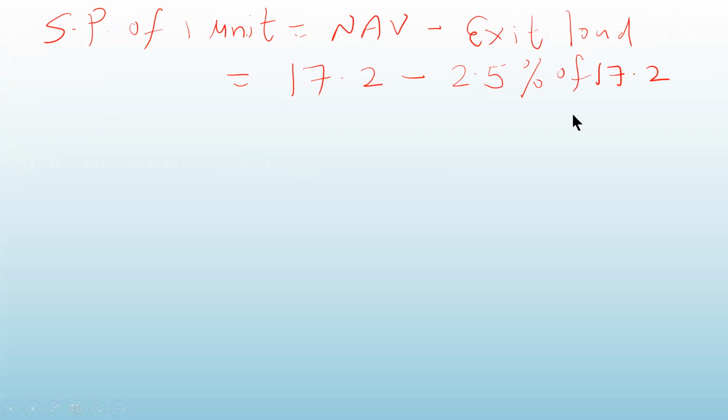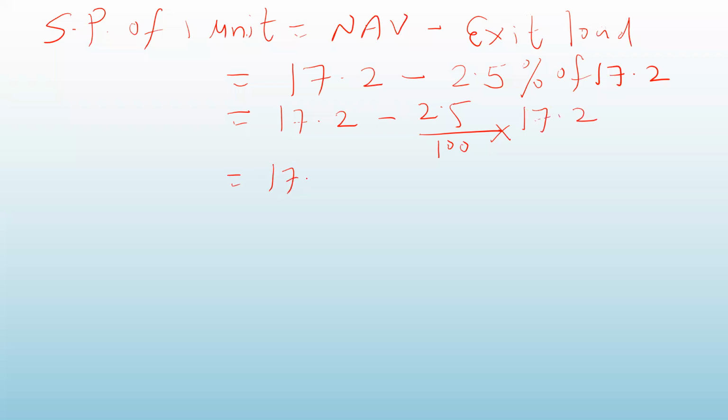Here again, I want to stress one thing. Many students just write 17.2 minus 2.5. That is wrong. It is not 2.5, it is 2.5% of 17.2. So you have to find out the percentage. So 17.2 minus 2.5% of 17.2, which is 2.5 upon 100 into 17.2.